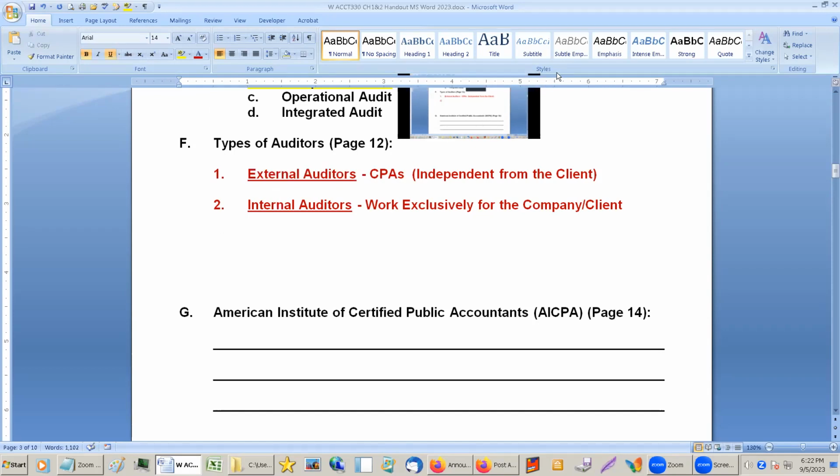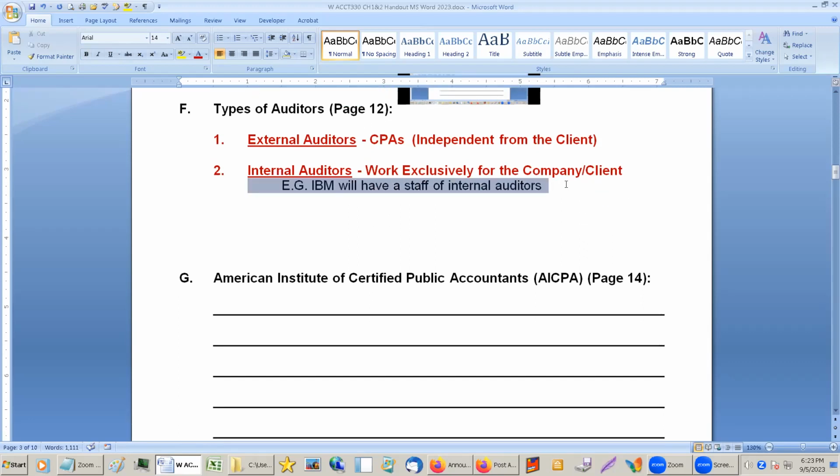So internal auditors are auditors inside the company, people that work exclusively for the company, in this case, our client. So if we had IBM as a client, they'll have a staff of internal auditors.